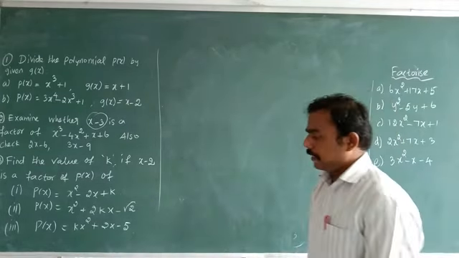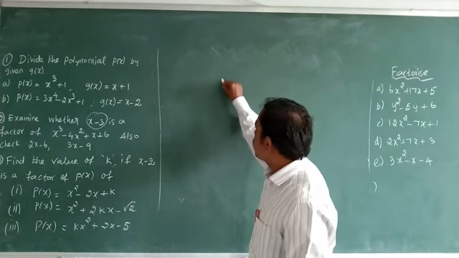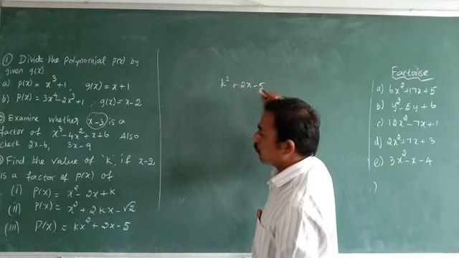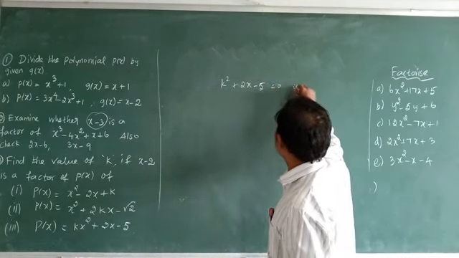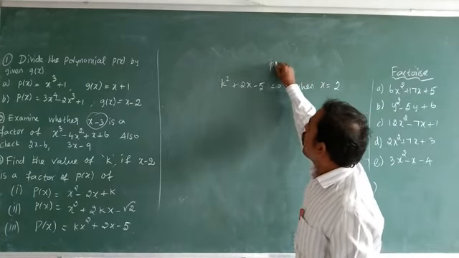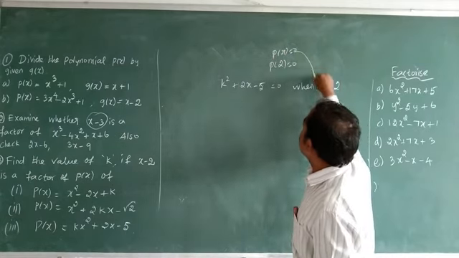So p of x is given as kx squared plus 2x minus 5, which equals 0 when x equals 2. This is the meaning: p of 2 equal to 0. We need to consider p of x equal to 0 when x equal to 2.